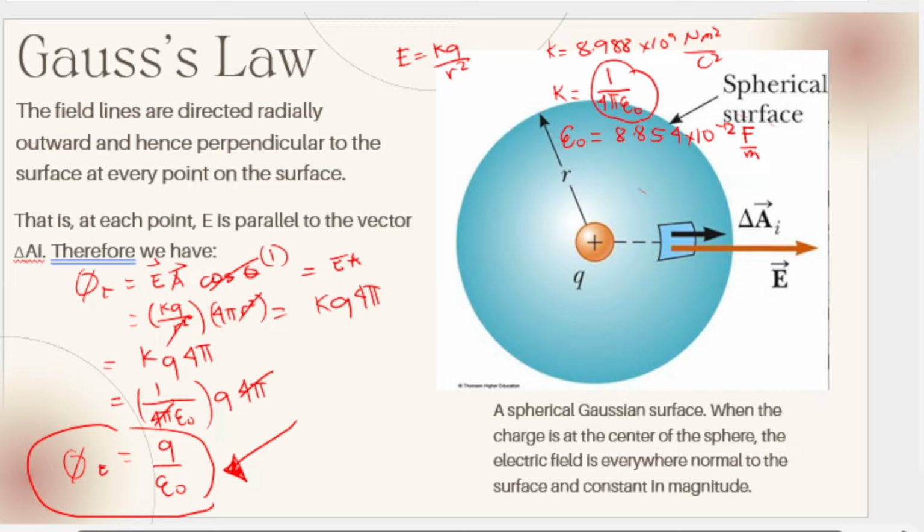The derivation for this. So, basically, na-cancel nato si A or ang area, leaving this formula behind.